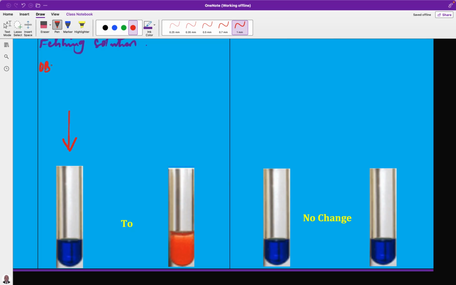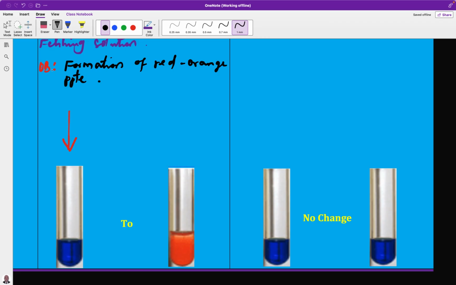Our observation is formation of red-orange precipitate.